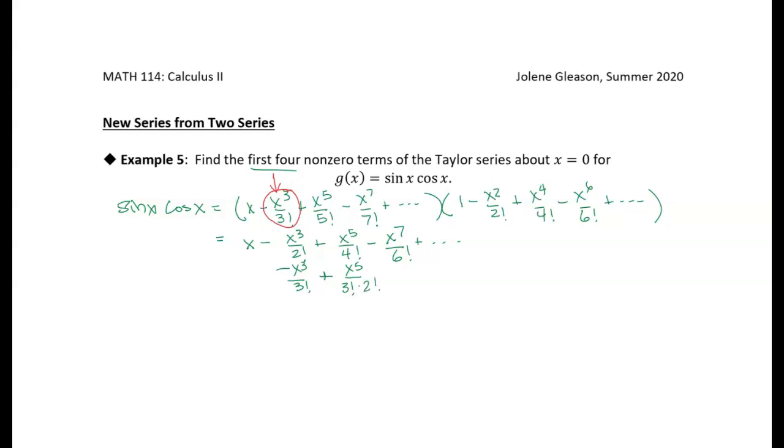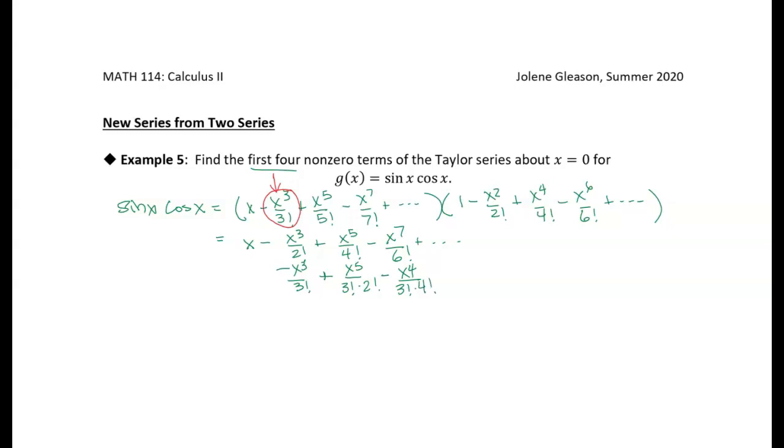Okay, now I'm going to take that same x cubed over 3 factorial and multiply by the next term. Now, the x cubed that I'm using in the sine polynomial is negative, and the other one's positive, so I'm going to end up with a minus x to the 7th over 3 factorial times 4 factorial.